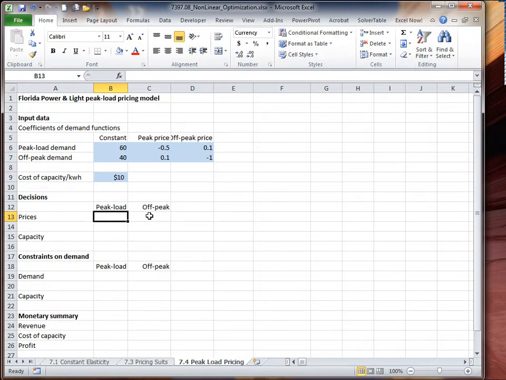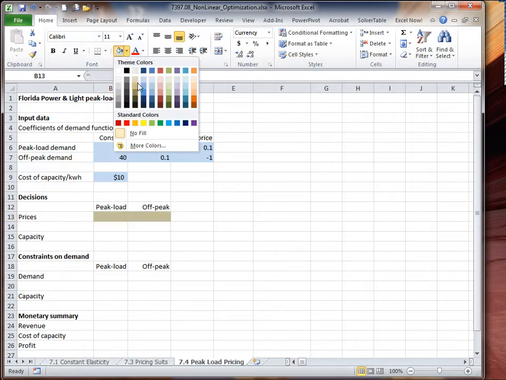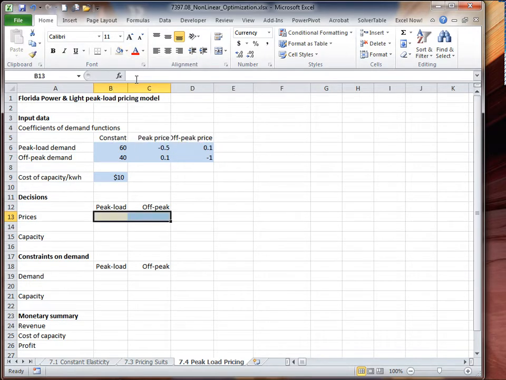All right, so what we're going to get to here is the following. We need to decide what prices to charge and what capacity to have in order to maximize profit for Florida Power and Light.